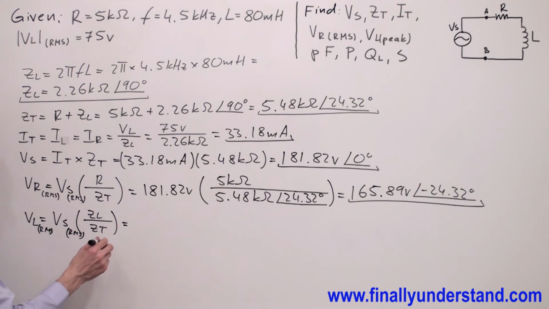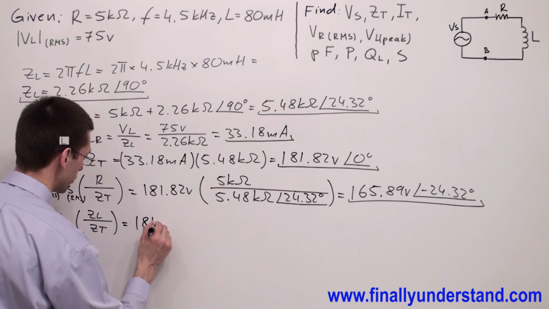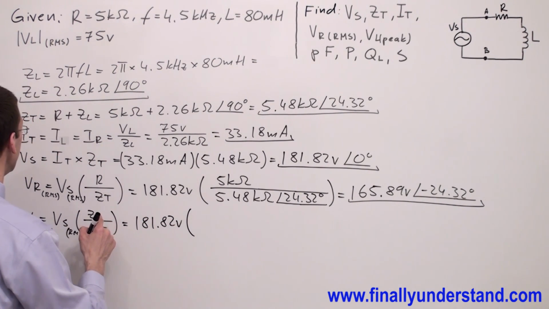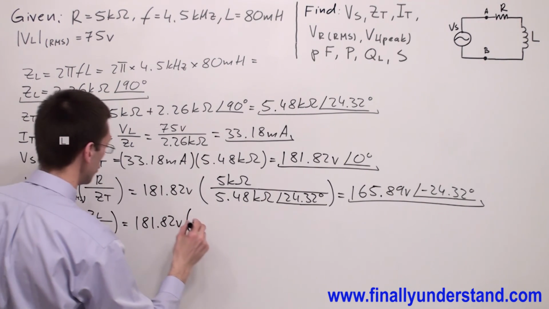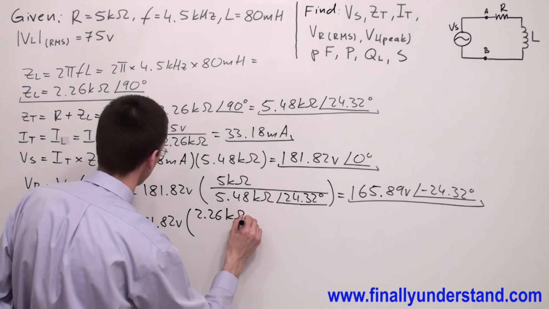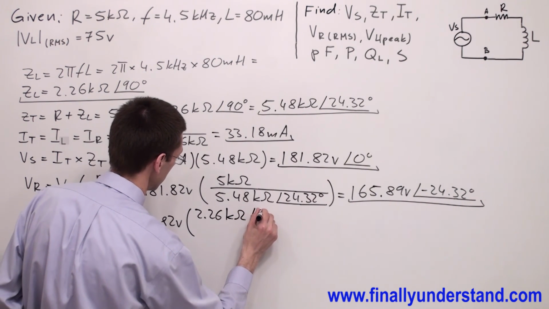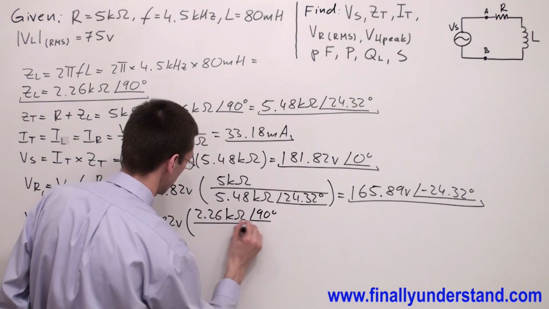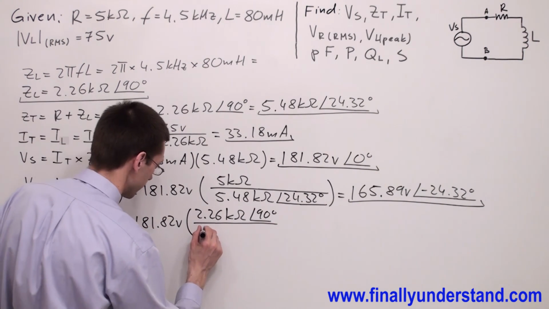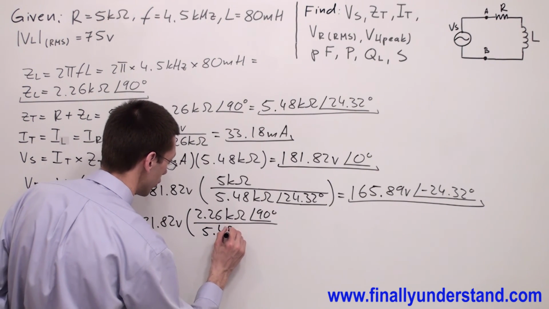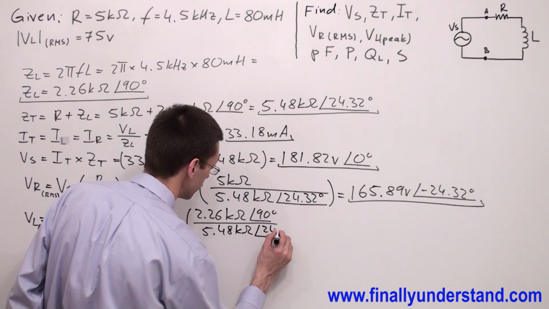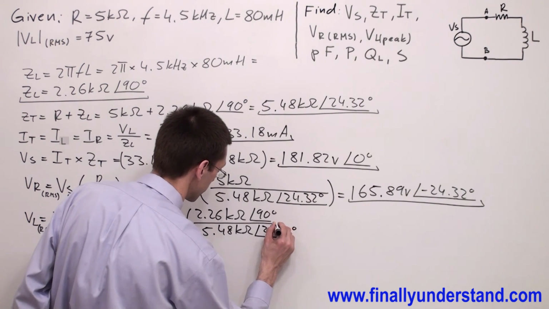Okay, so I'm going to use again the voltage source RMS. So I have 181.82 volts, open parenthesis, ZL we found is equal to 2.26 kilo ohms and angle of 90 degrees over Z total, which is equal to 5.48 kilo ohms and angle of 24.32 degrees.